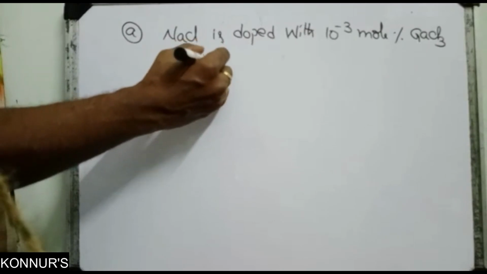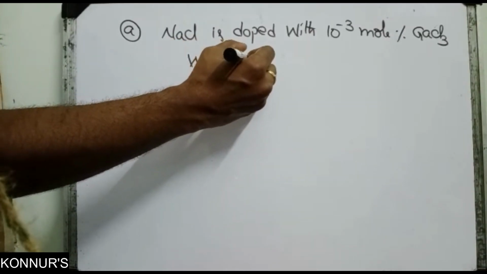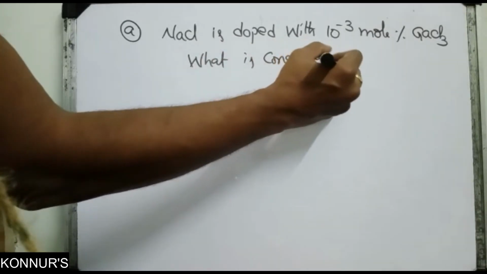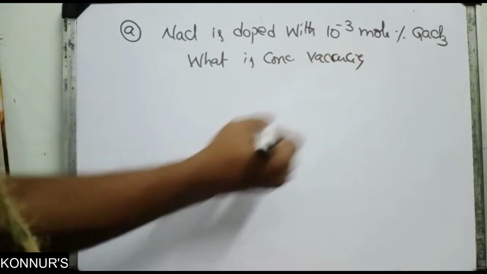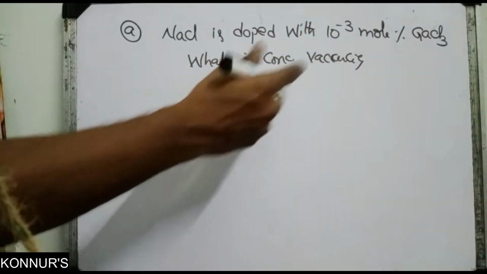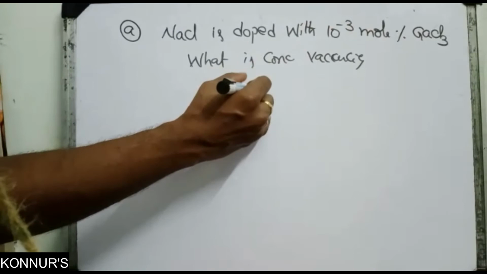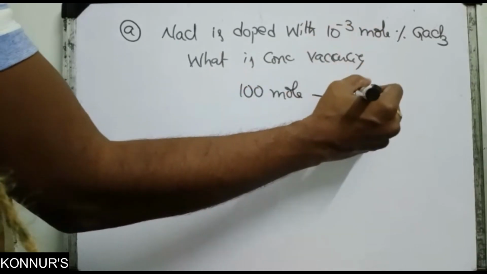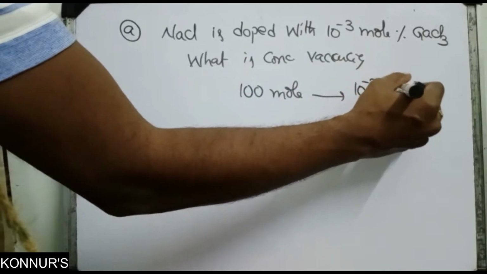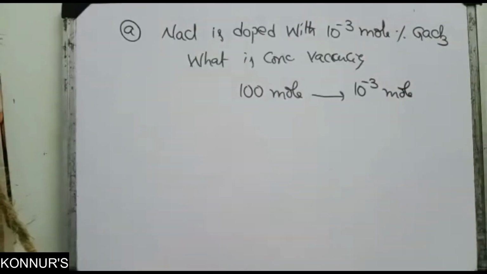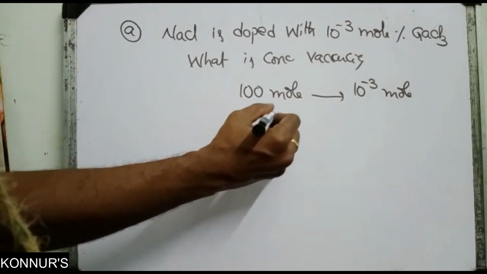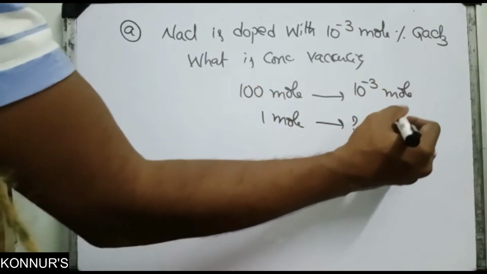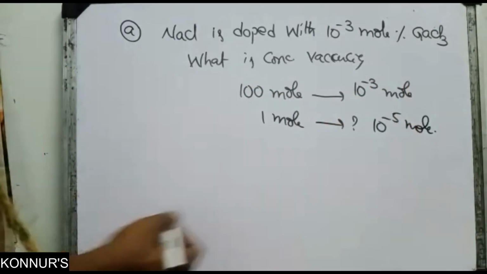What is the concentration of vacancies, the number of vacancies? For this type of question, the mole percentage is given. So in 100 moles, it is doped with 10 to the power of minus 3 moles of gallium chloride. So for 1 mole, it will be 10 to the power of minus 5 moles.